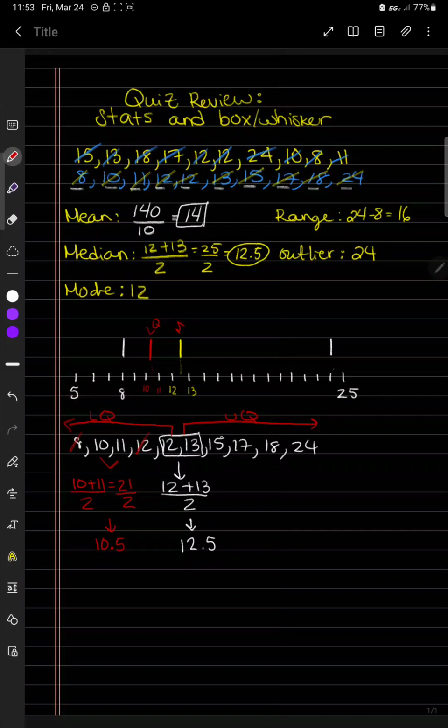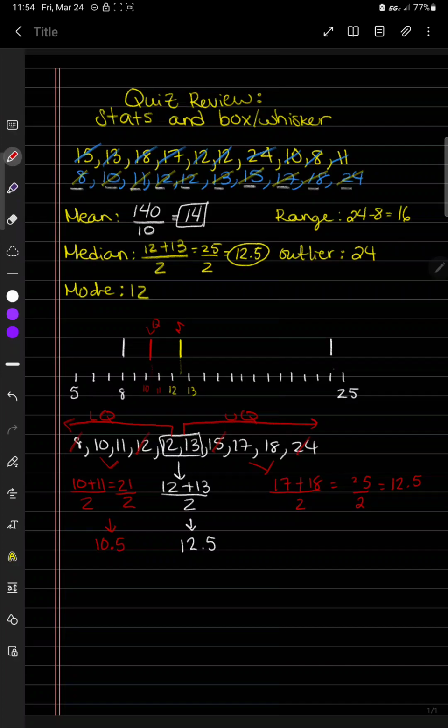And then our upper quartile, we do left, right. Same thing, two numbers in the middle. So we're going to do 17 plus 18 divided by 2. Actually, no, wait, sorry.